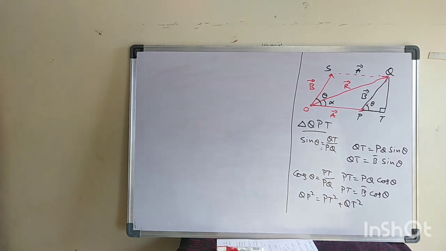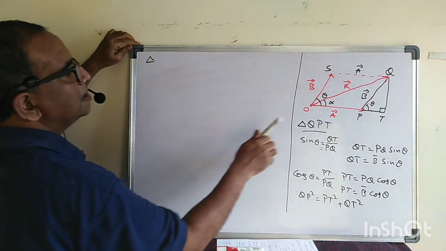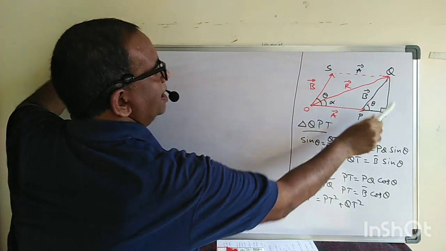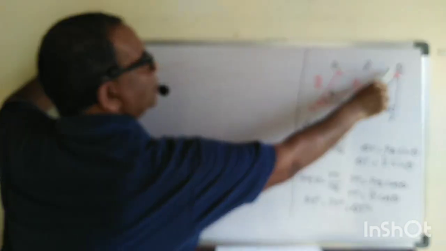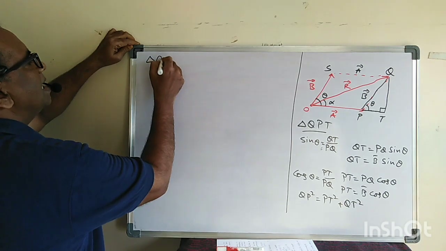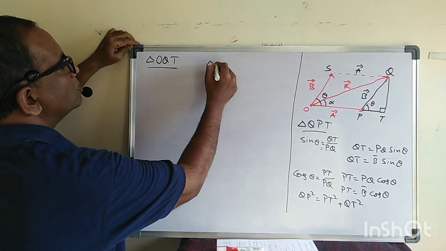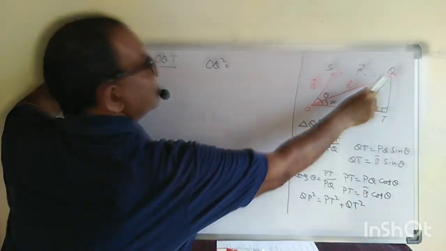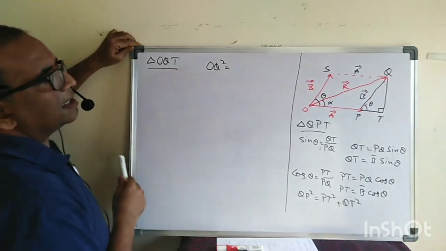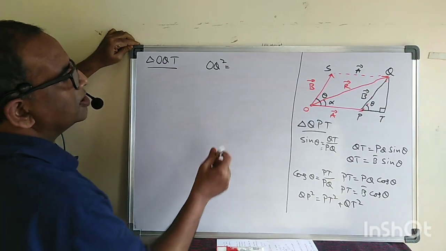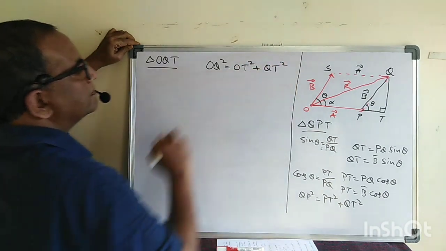Now let us consider another triangle, OQT. Here I took QPT, here I am taking OQT. In the triangle OQT, which is a right angle triangle, OQ square is nothing but OT square plus QT square.